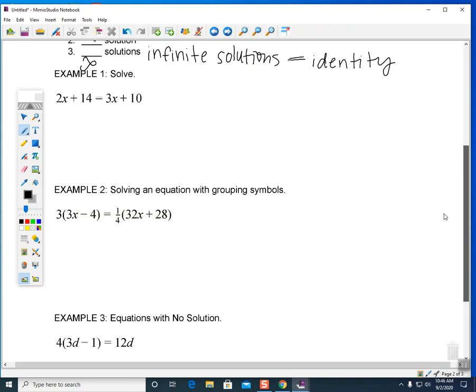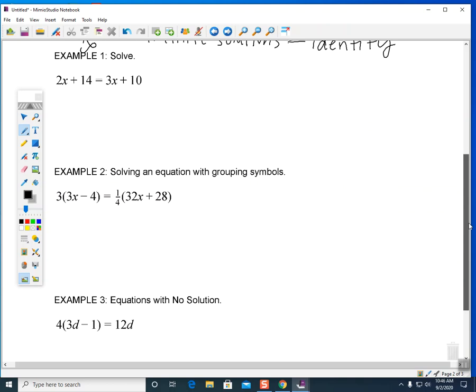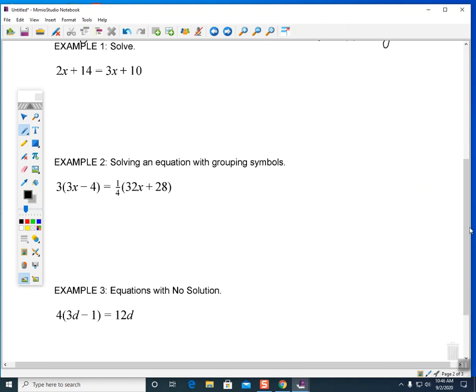I noticed earlier that this is the same equation that we did at the front. So we're going to scribble through this and do a different one.